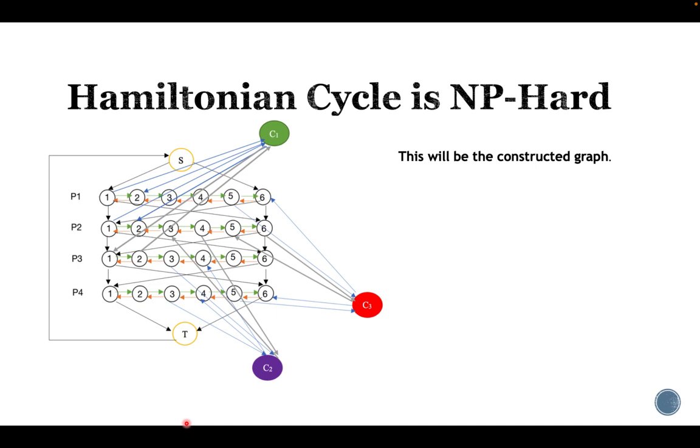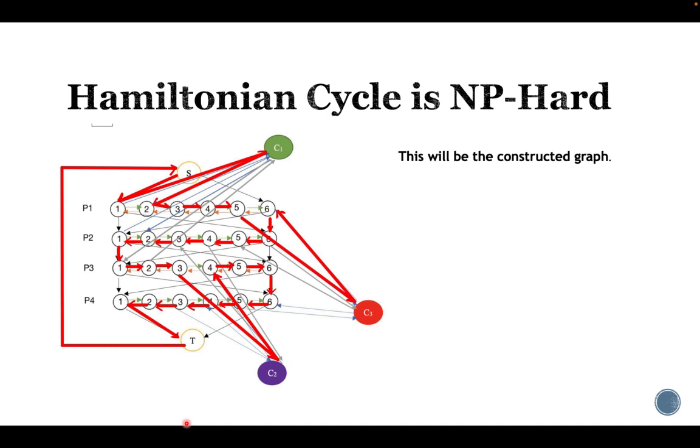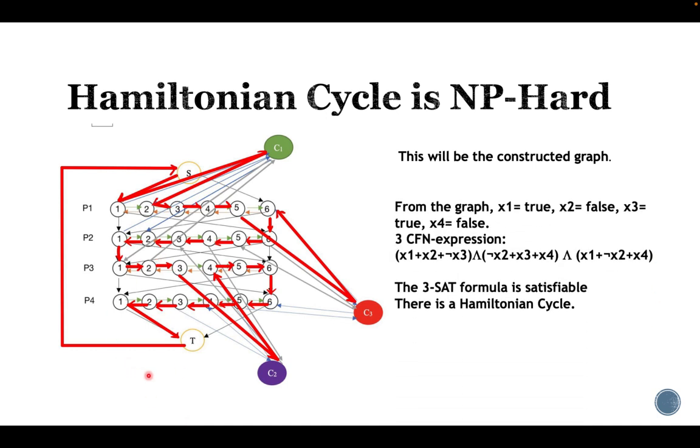If we highlight it in red, we can see the path is continuous and the graph G has a Hamiltonian cycle. We can see x1 is true, x2 is false, x3 is true, x4 is false.